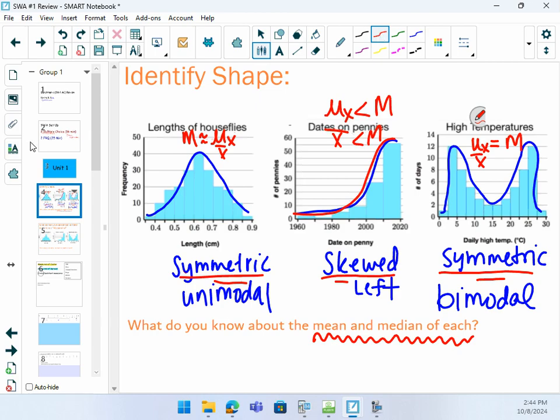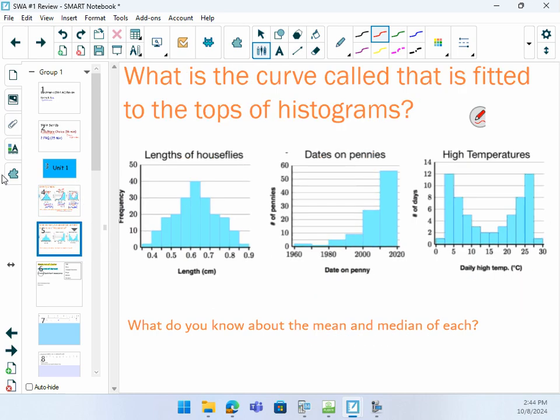All right, another thing that we could talk about with these: what would you call the lines that follow the tops of this, like I already traced on these ones? This is kind of more of a Unit 2 question. But when I follow the tops of those, what is that called? Those are called density curves.